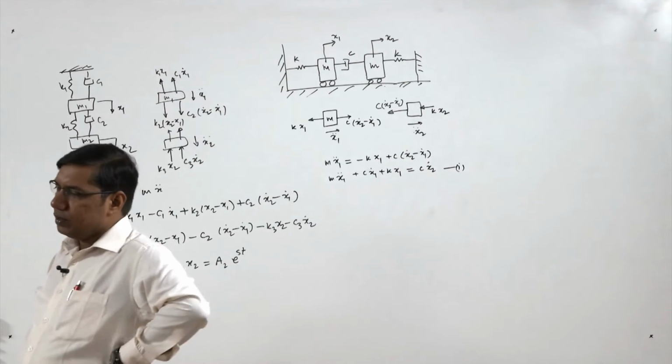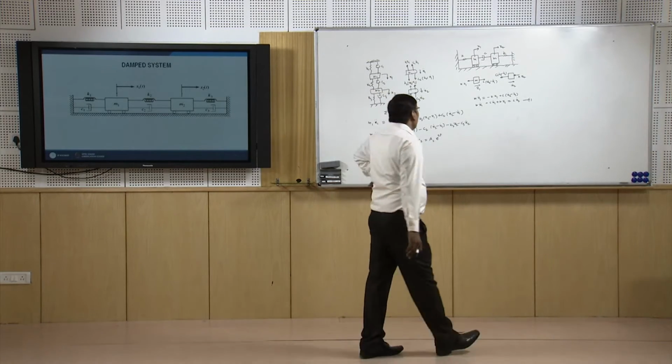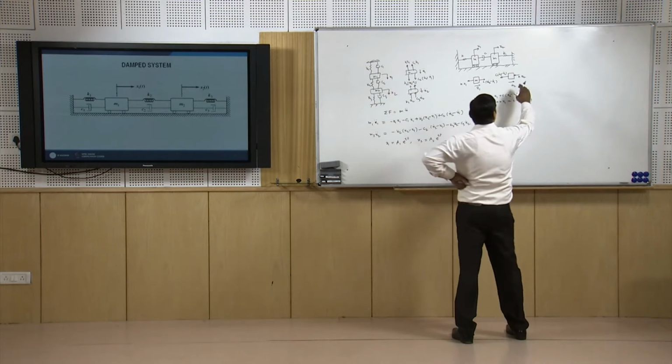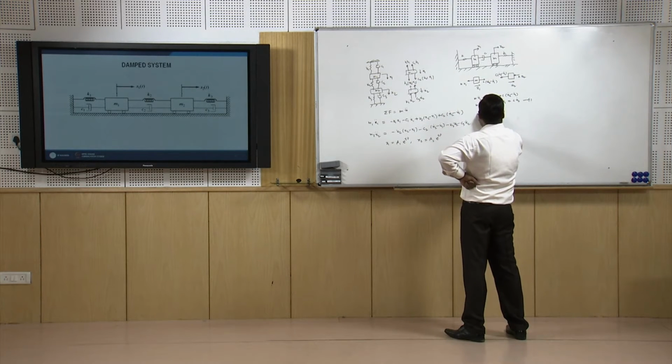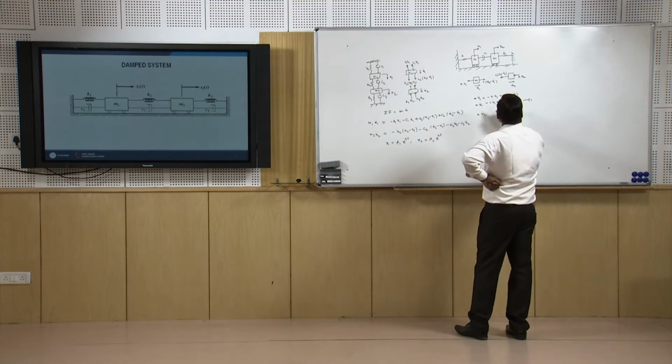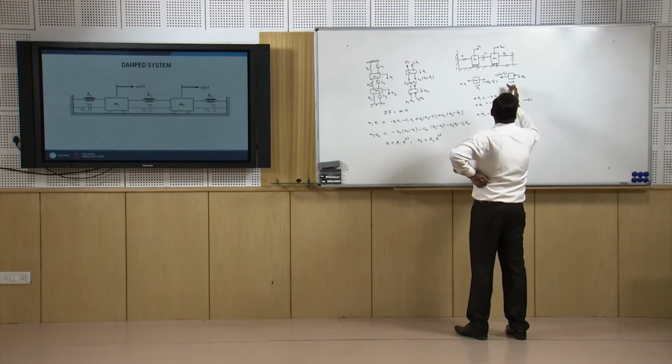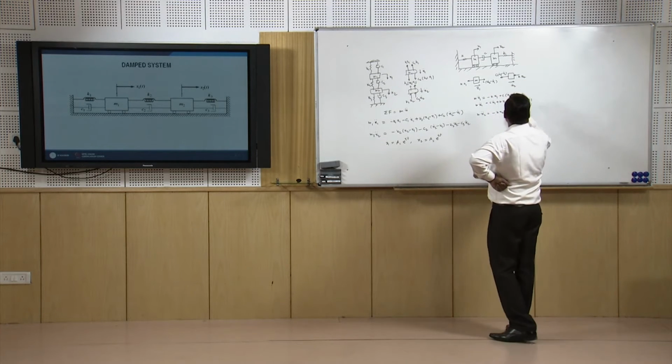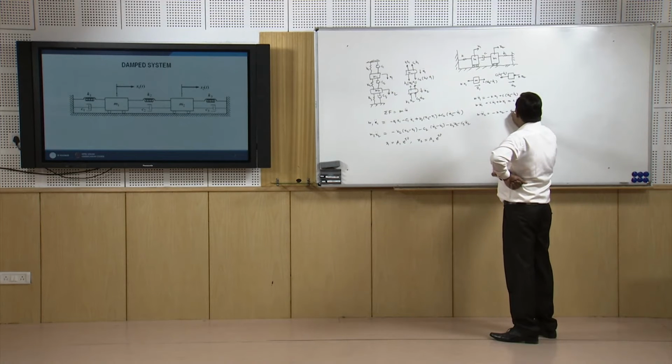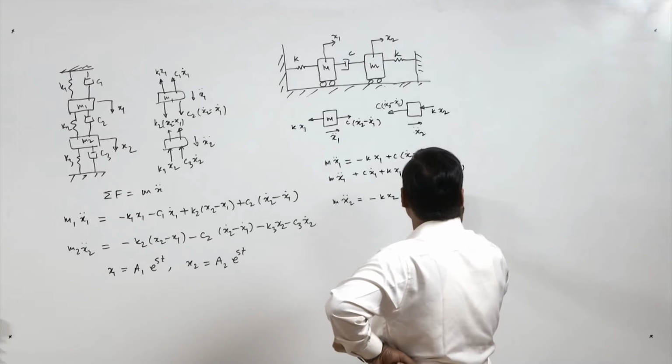Now for the second mass we have to write the equation of motion: m x2 double dot equal to minus K x2 minus C (x2 dot minus x1 dot).